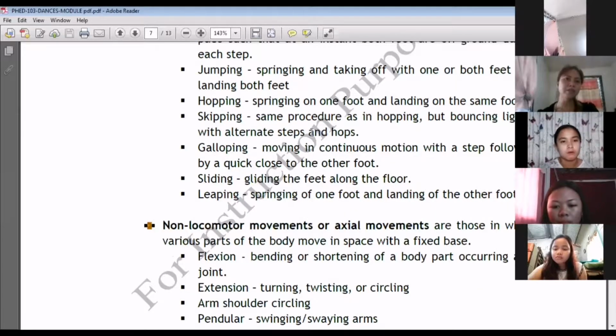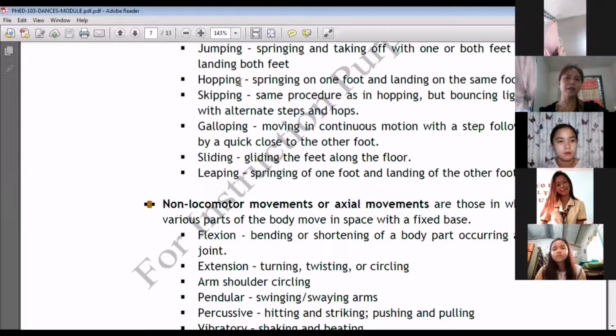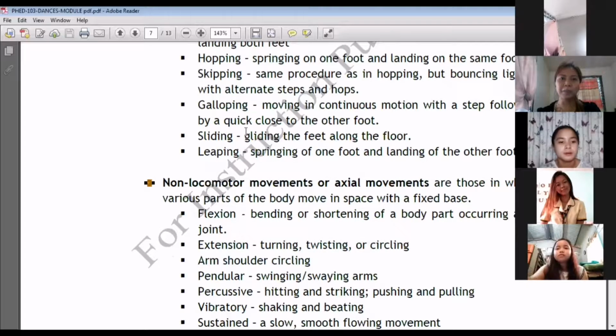But basing from the definition, when you jump, you take off on both feet and land on both feet as well. When you hop, you hop on one foot and still land on the same foot from which you hopped. Parang yung frog. Okay?